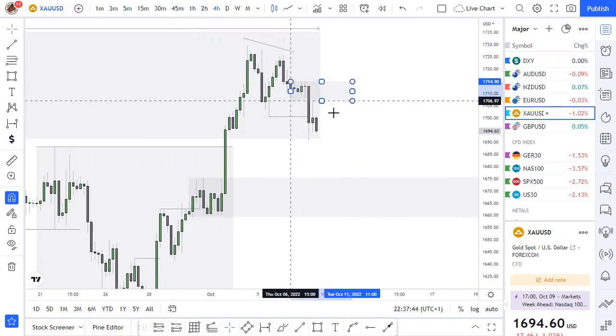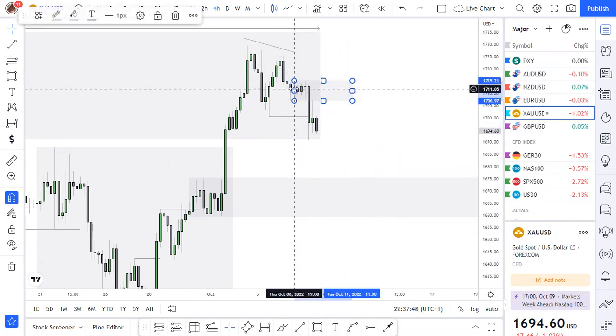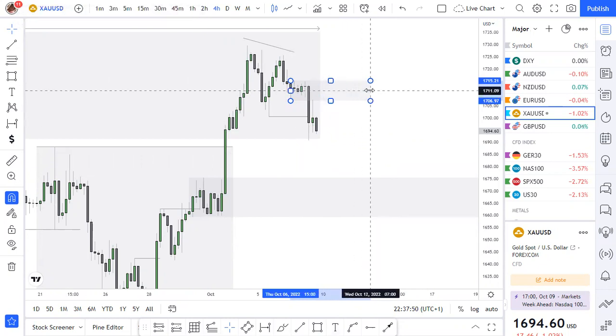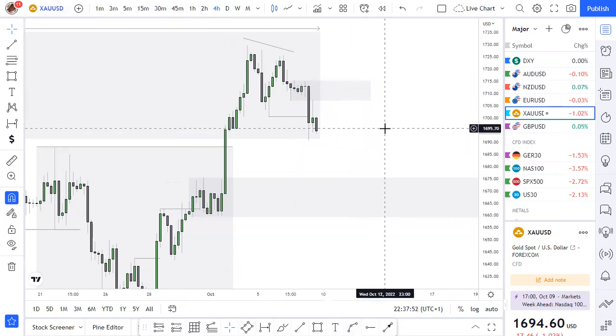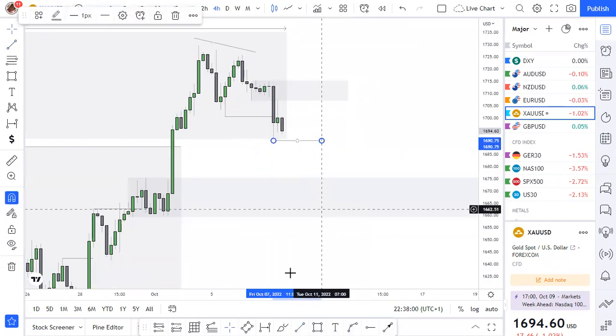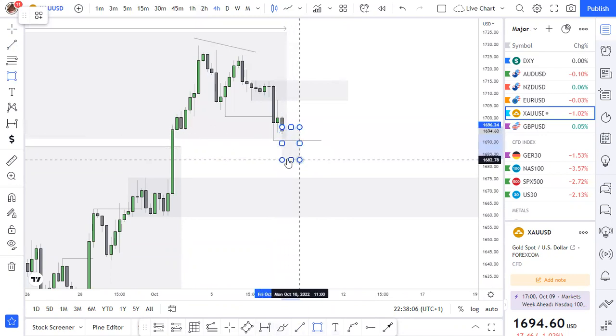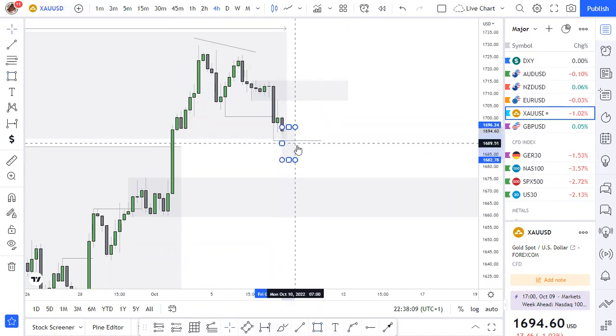You can maybe include this low if you want. So this is like our range. You have the supply range here, and price has already pulled back into that zone. So yeah, if price should push down again from where price currently is, and break this low here, I'm trying to draw a candle.